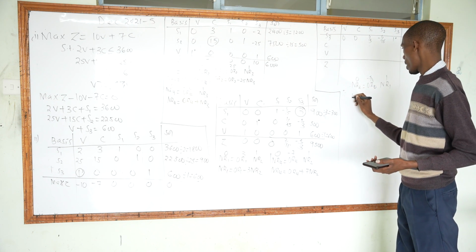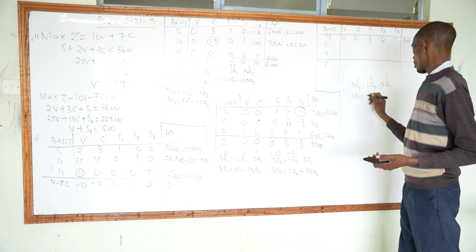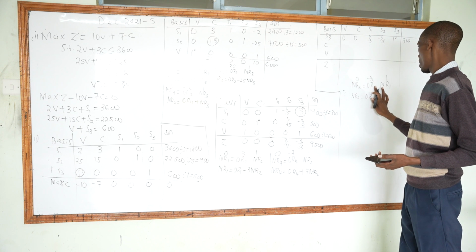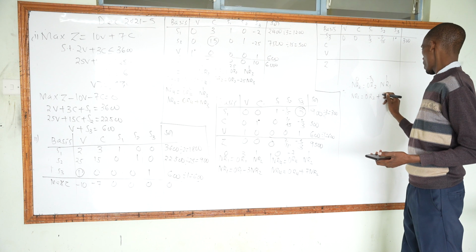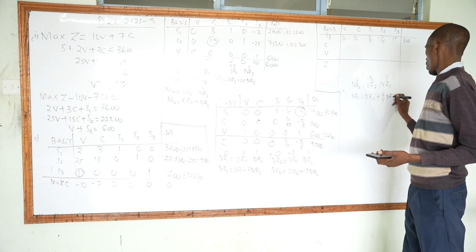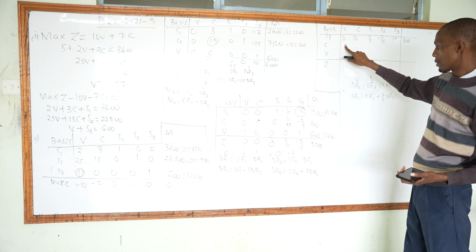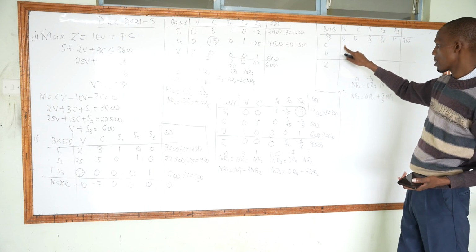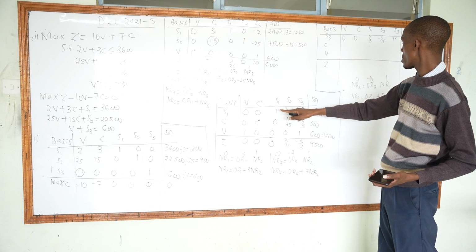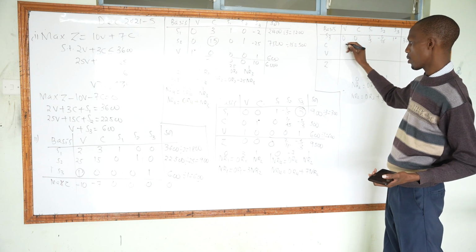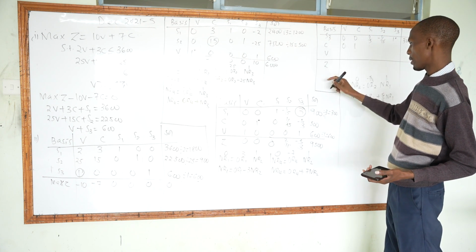So this one means new row 2 equals old row 2 plus 5 over 3, new row 1. Hope you can see that. So we are saying this remains because if it is already 0, you know that is 0, they are going to remain the remaining 1. But this one will change.